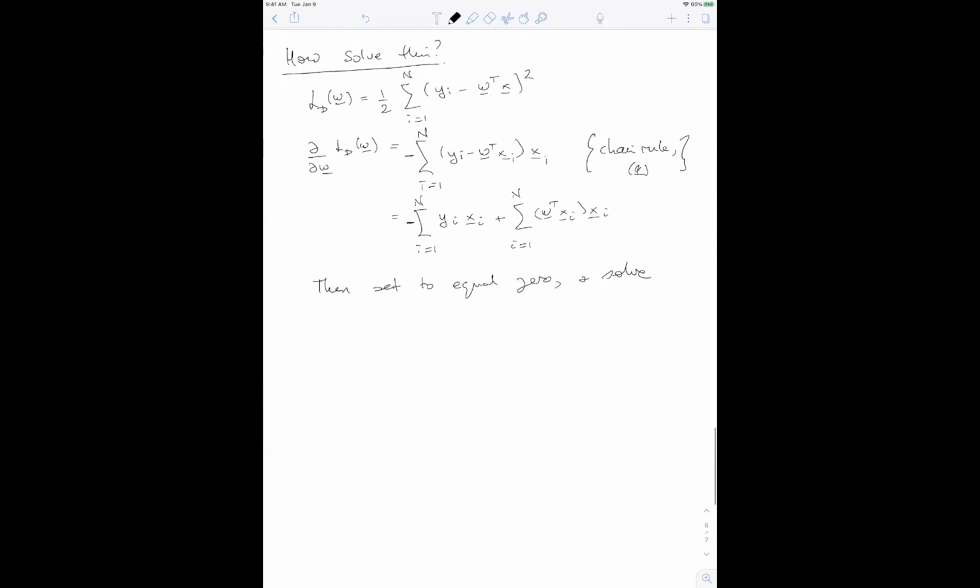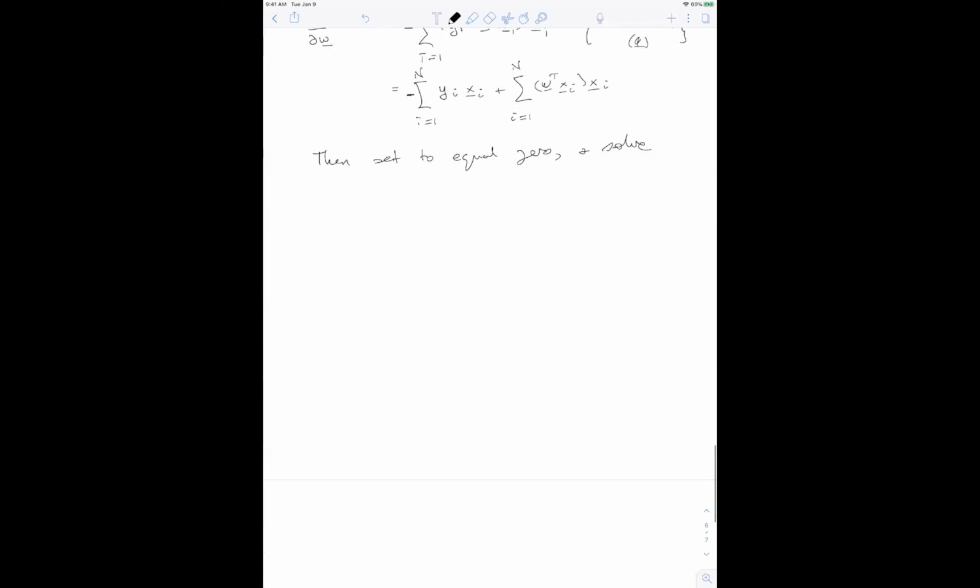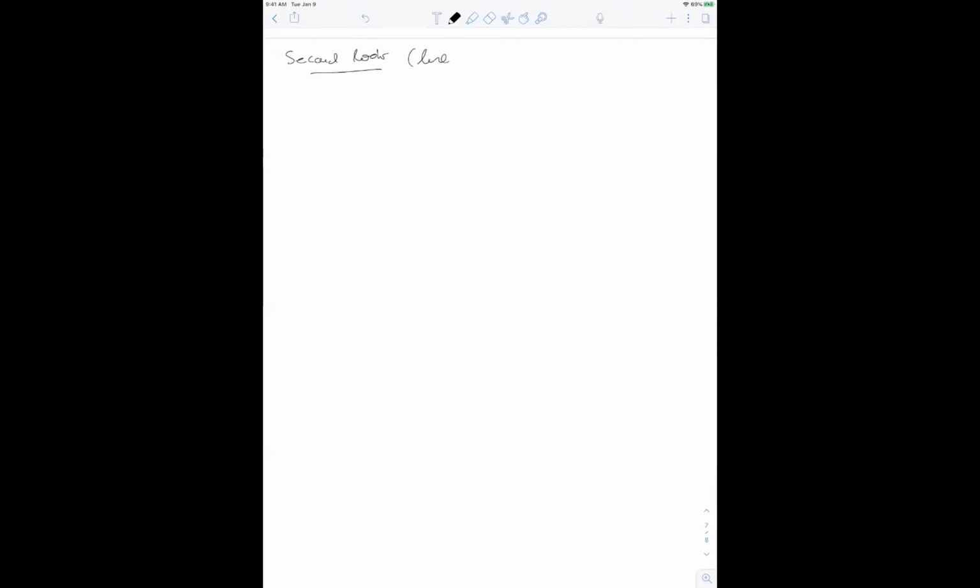Okay, but what we actually want to do is solve this a little bit more elegantly. So, a second look using linear algebra. Now we're going to try to do exactly what I just did, but linear algebraically.